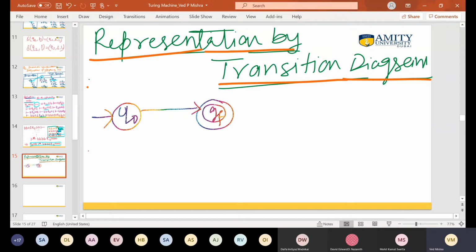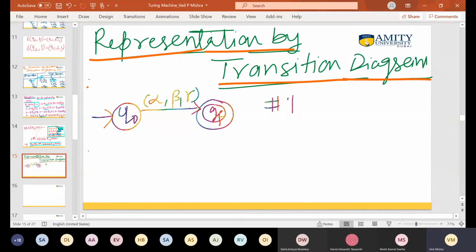Generally in DFA or NFA, we give the input like 0, 1 or anything. But in the Turing machine, this label will be in the form of triples. So we'll write something like this: alpha, beta, gamma. This is called the labels in the triples form.